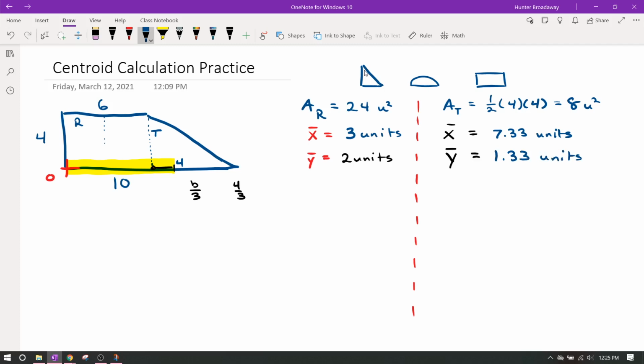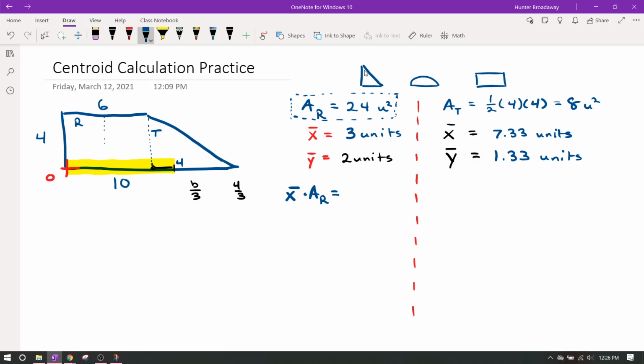Okay. The next thing that I need to do is take my x bar and multiply it by my area. So I'm going to go ahead and get both of these. The area for the rectangle is 24. I'm going to do that for both the x bar and the y bar. X bar times the area of the rectangle is going to be 3 times 24.